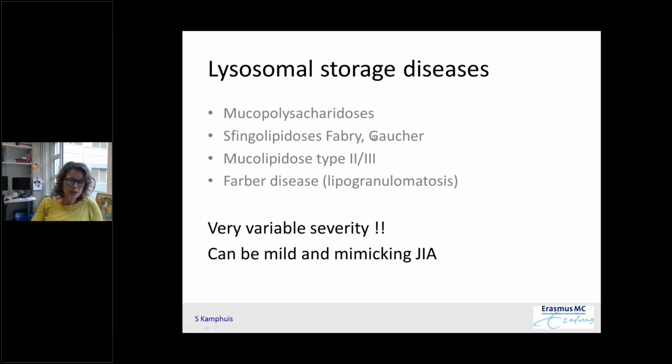So Gaucher, of course, I think most will know, that will be much easier to recognize than, for example, some of the milder mucopolysaccharidosis or the mucolipidosis. And one of the key messages, these diseases, specifically these 4 groups, can actually present as a JIA patient.